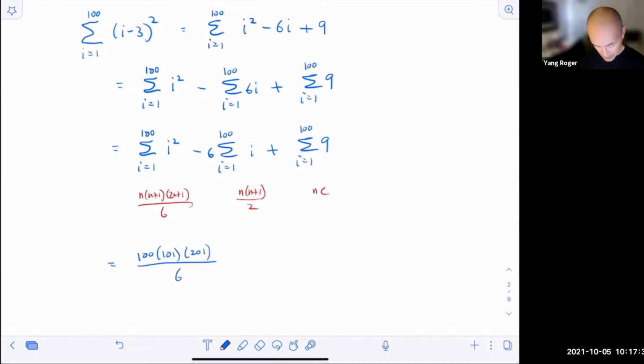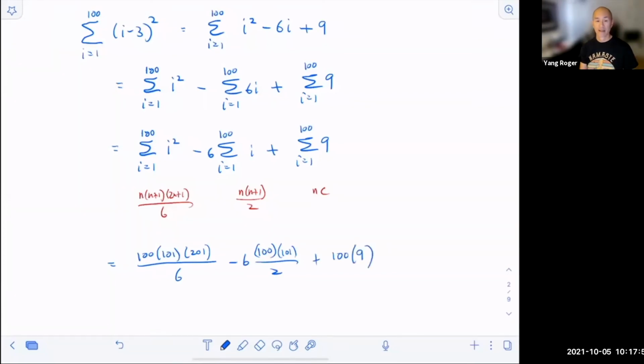This guy is going to be minus 6 times 100 times 101 all over 2. And this guy is going to be 100 times 9. Did anybody have any questions about this so far?